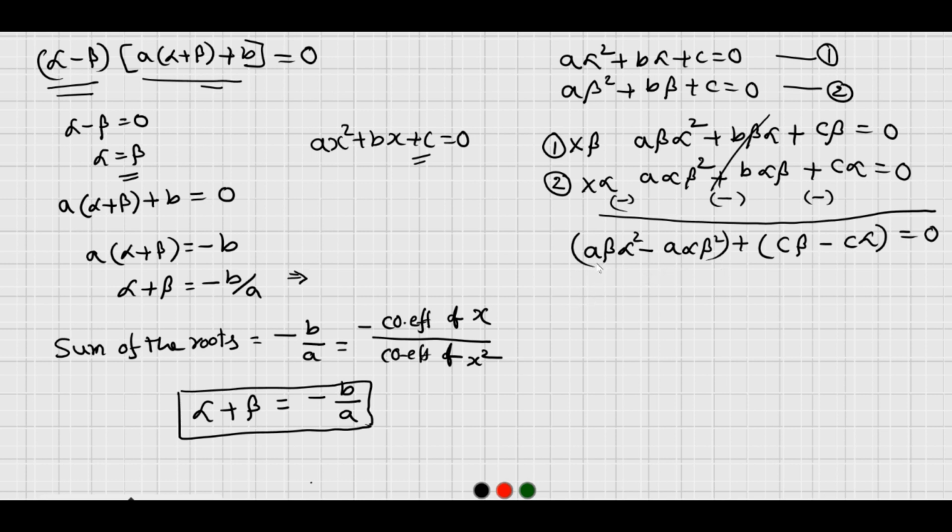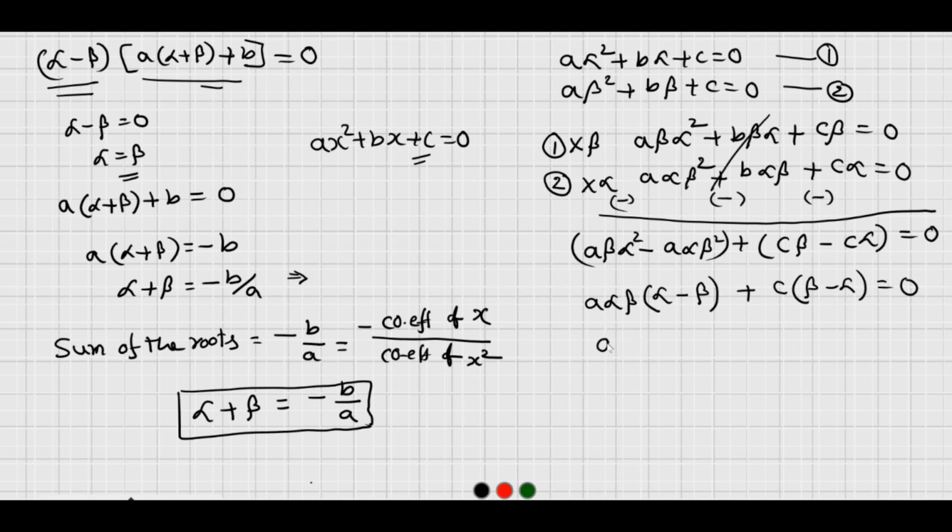Now what can I take common here? a alpha beta I can take common. What is left here is alpha, minus beta will be left here, right? Plus, you can take c common, that will become beta minus alpha is equal to 0.